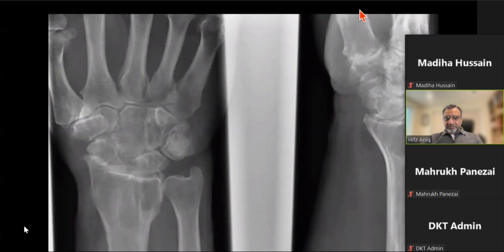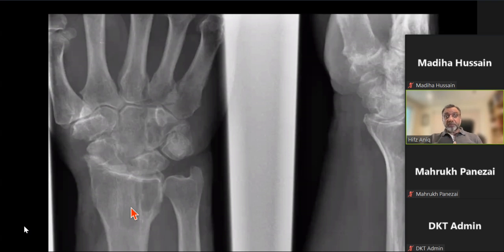Now, this is associated with, so look at that. In the scaphoid, the joint space is lost, not the rest of the wrist, maybe some calcification there, but you can see a big space.